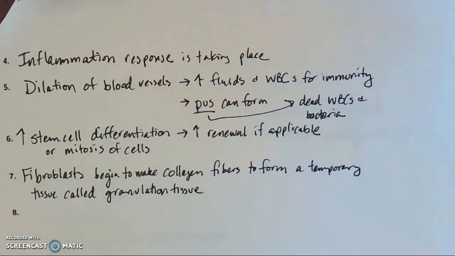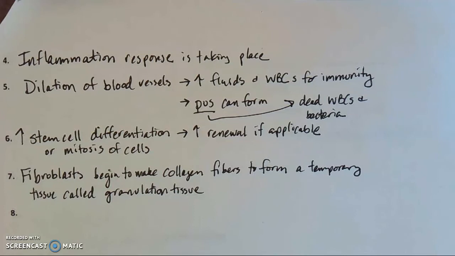So this is that white tissue. If you've ever picked off a scab and you've seen a really pale tissue underneath it, that is temporary tissue that your body is making to help fill that void underneath there. So it's replacing that tissue.